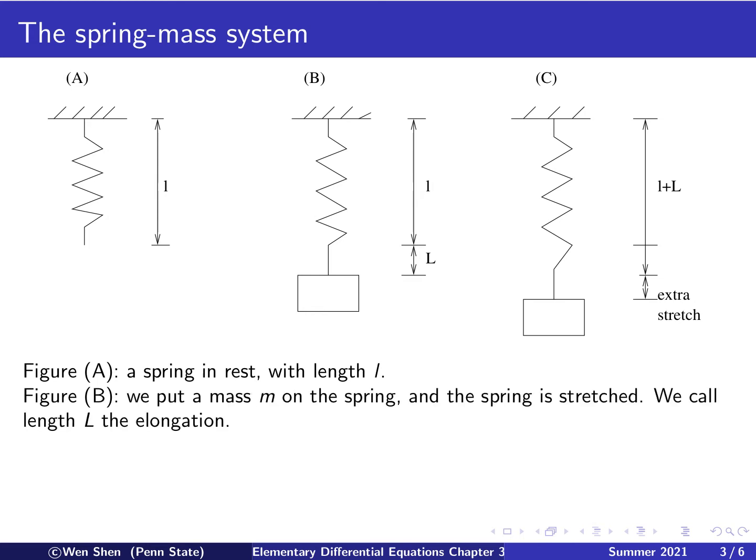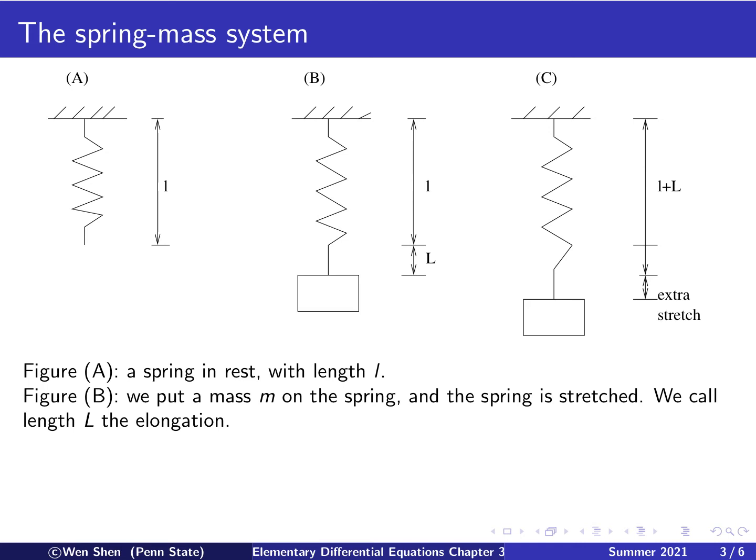In figure B, what happens is that we now take a mass with the mass m, and we hang it on the lower end of the spring. Then from experience we know that due to the weight of this mass, it would pull the spring down and the spring will be stretched.